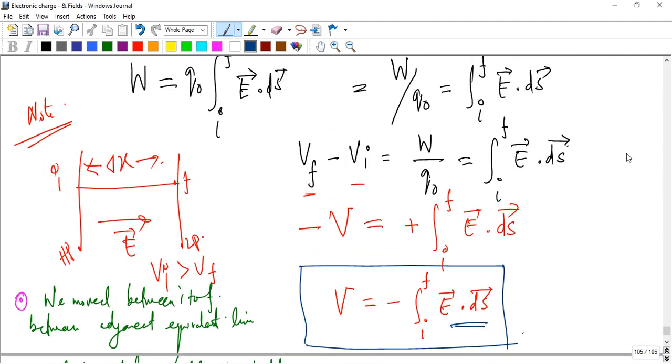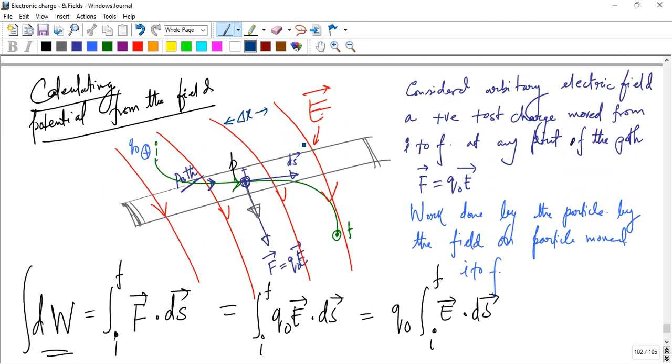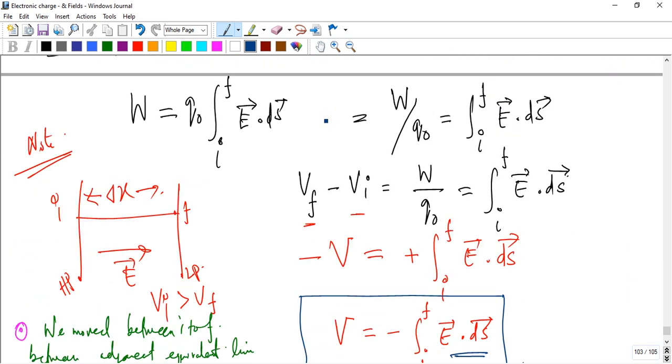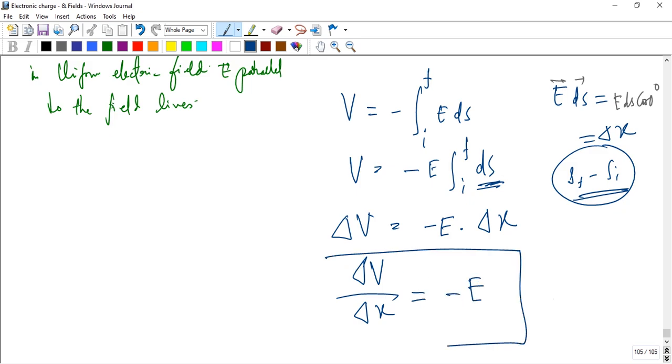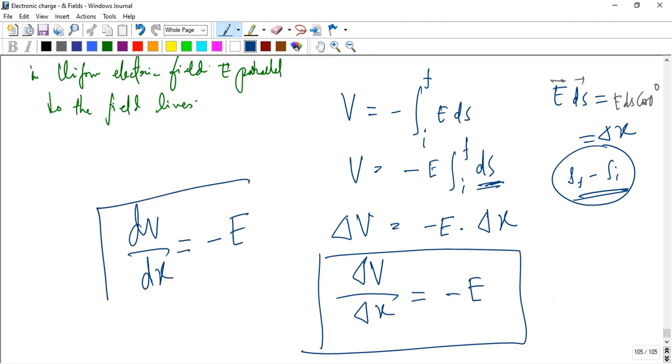This delta x is the gap between two equipotential surfaces. So that is delta x and that is delta V. Similarly, with this concept we get delta V by delta x equal to minus E, and in differential form you know that dV by dx is equal to minus the electric field.